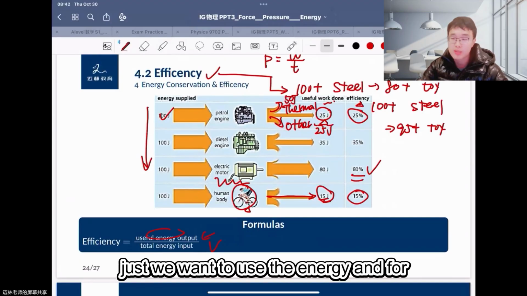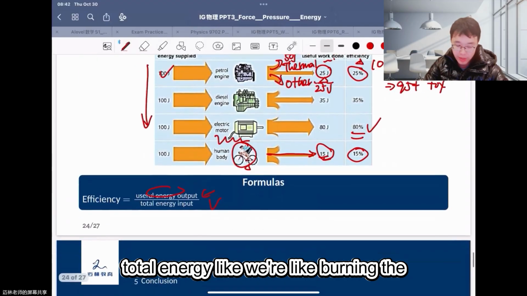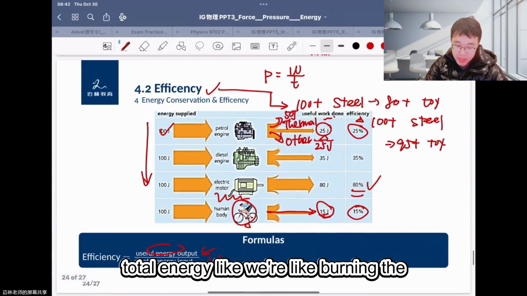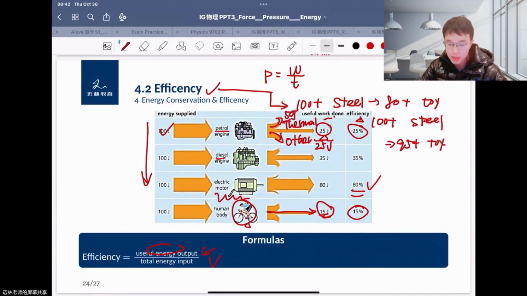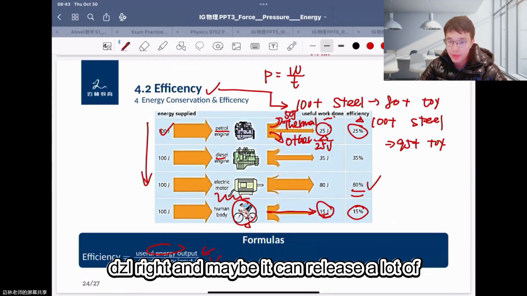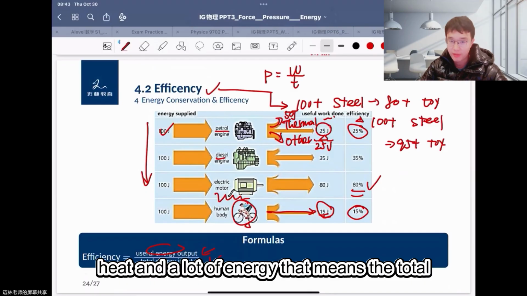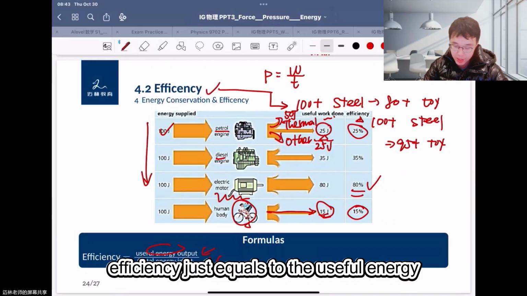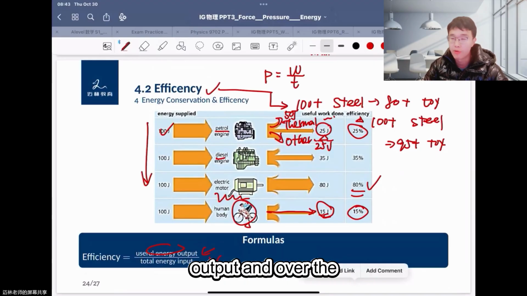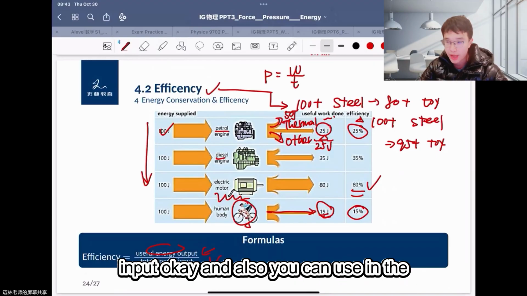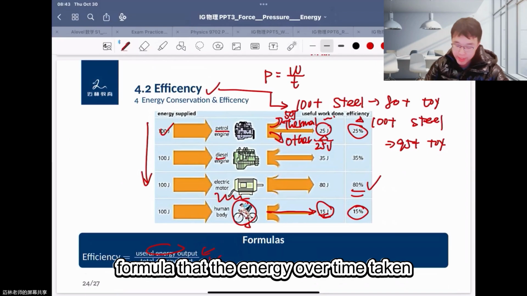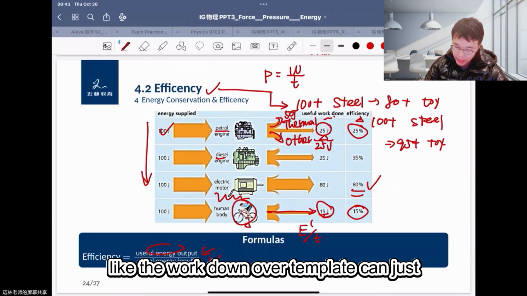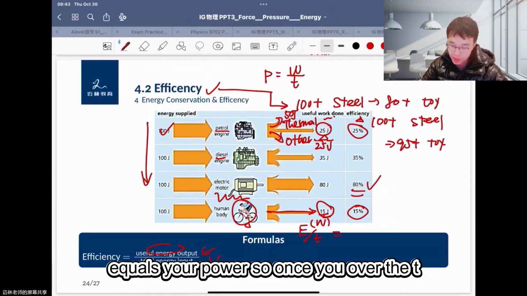Just the energy we want to use. And for total energy, like we're burning petrol or diesel, right? And it can release a lot of heat and a lot of energy. That means the total energy you have used up. So efficiency just equals the useful energy output over the total energy input. And you can also use the formula: energy over time taken, like work done over time taken, equals power.